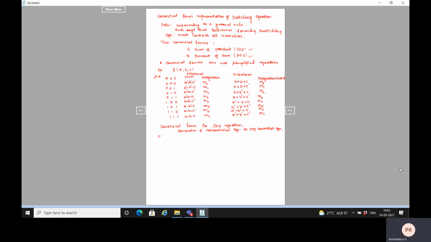Suppose a given switching equation is not in a standard SOP form. In that case, first identify the missing variables in each AND term, or you can say each product term.